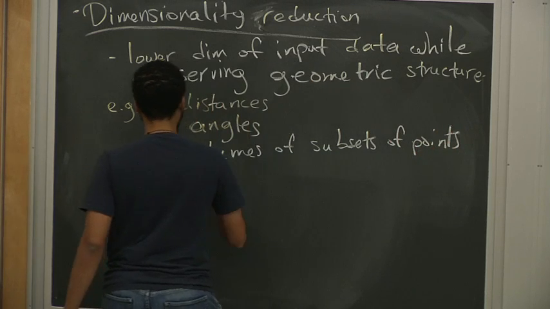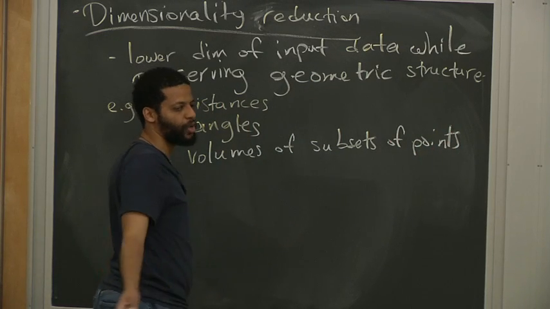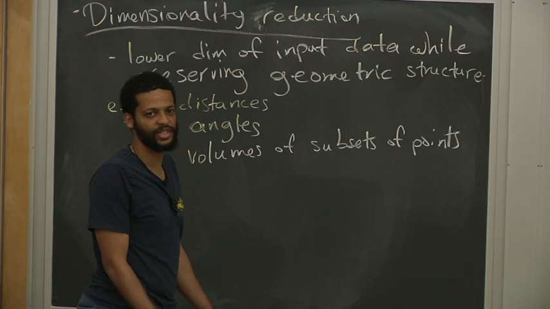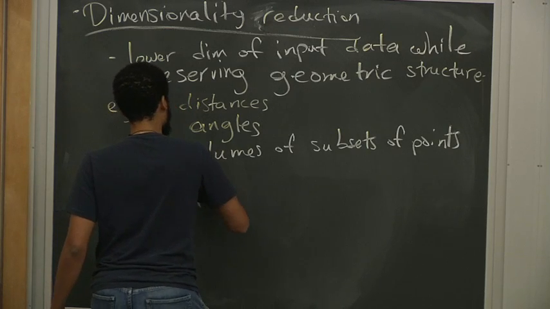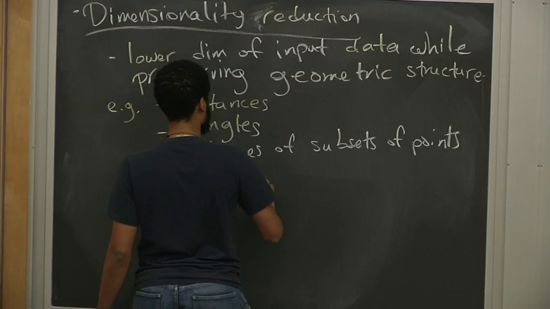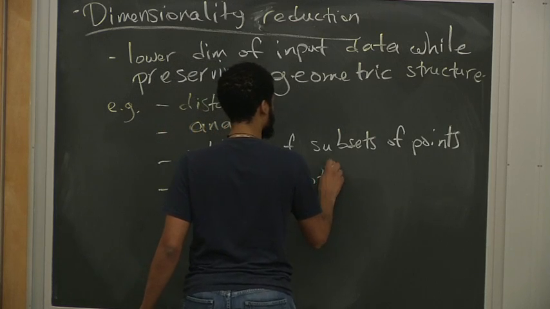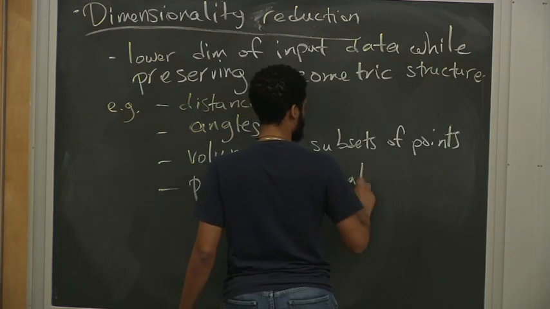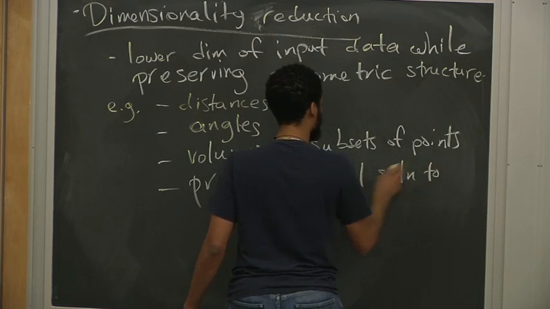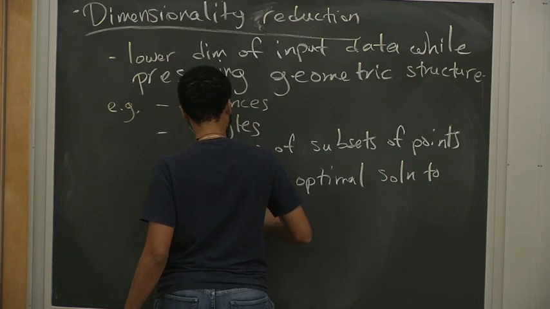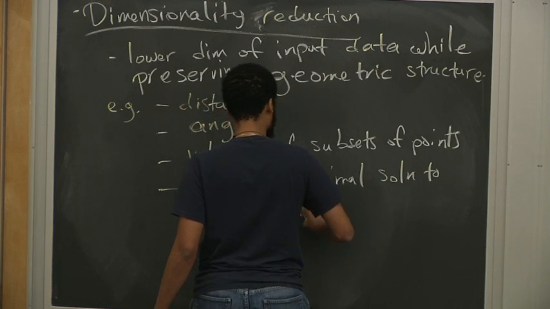Or more generically, something you might want to preserve is that there's some problem you want to solve, like clustering, k-means clustering or something. You want to preserve the optimal solution to some geometric optimization problem.